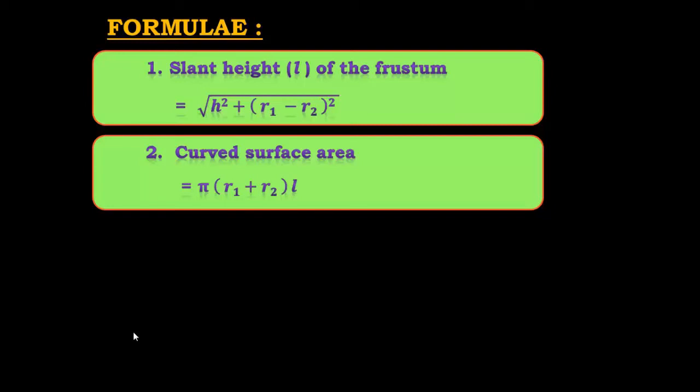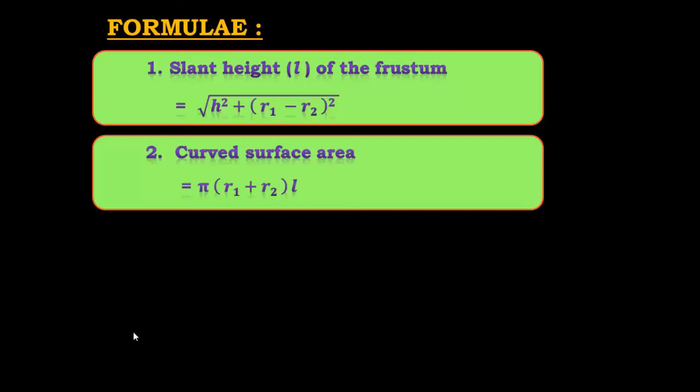Next is the total surface area of the frustum of a cone. See how to remember this total surface area. For total surface area, you have to consider three surfaces: curved surface, base and its upper surface area. So curved surface is pi (r1 plus r2) into L. See, base and upper surface are circles, right?